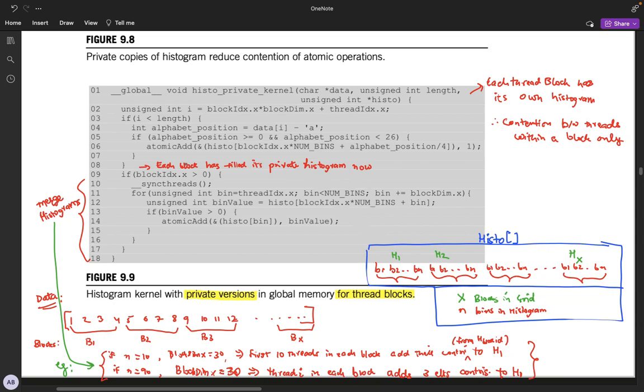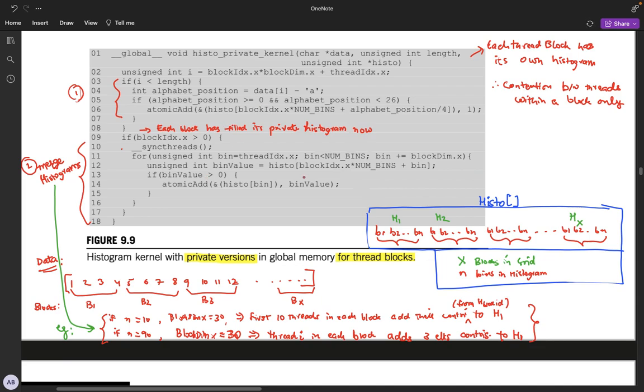So the first part of the code is where each thread is trying to fill its own block's histogram, and this is the first part of the algorithm, and this is the second part of the algorithm where we merge histograms.